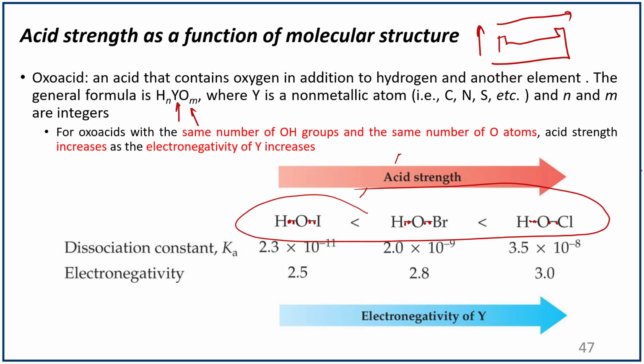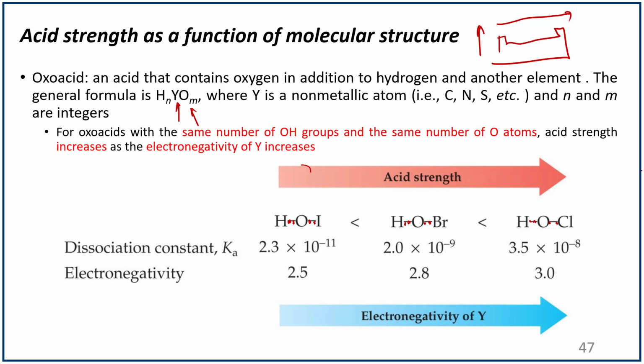So let's say, for example, here we have HOX acids, in which X corresponds to different halides. We know from the trends that chlorine is more electronegative than bromine, than iodine. And according to Ka values, we see here that indeed HOCl is more acidic than HOBr and HOI.